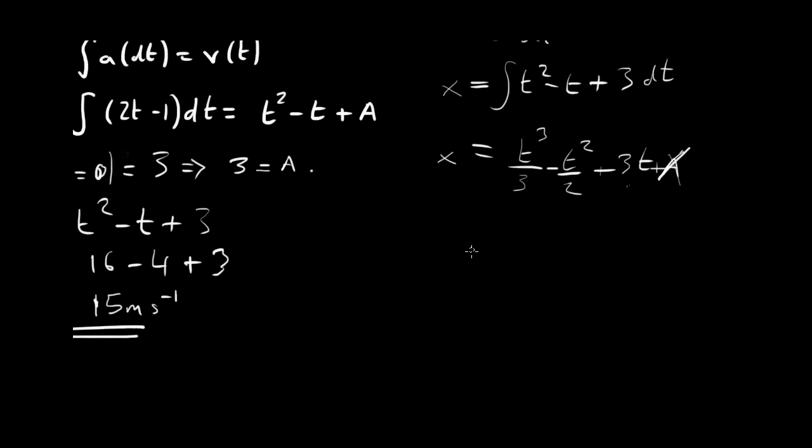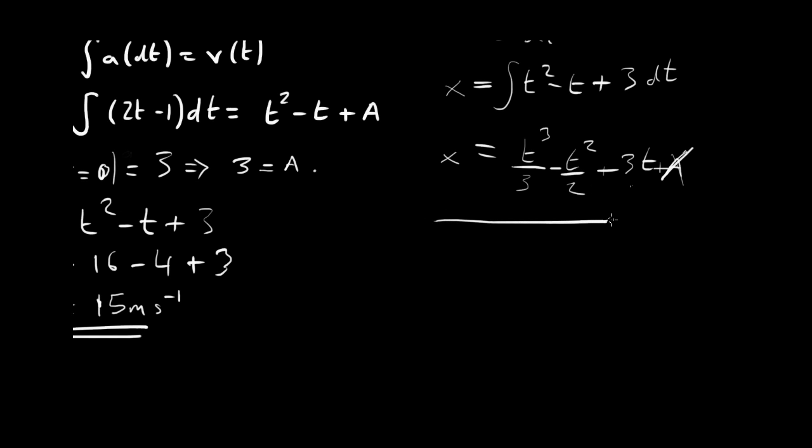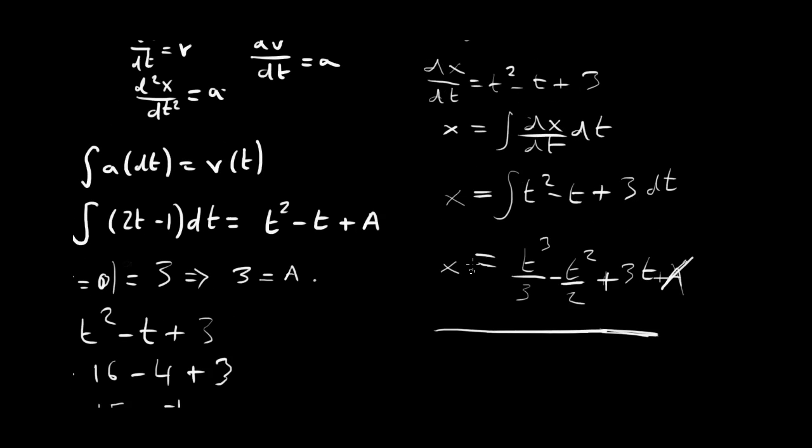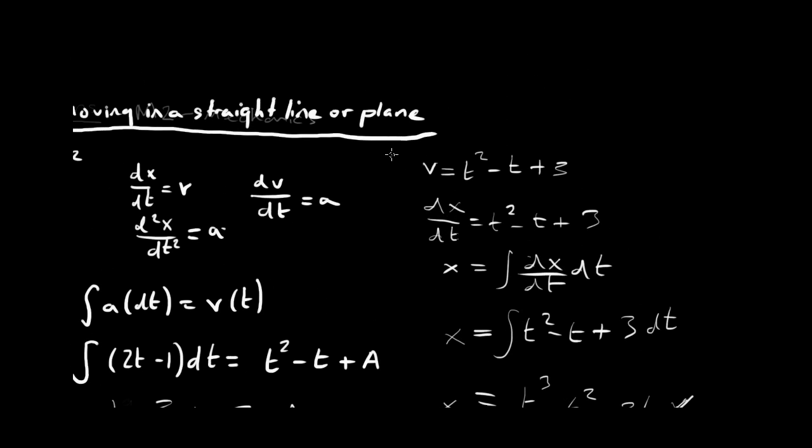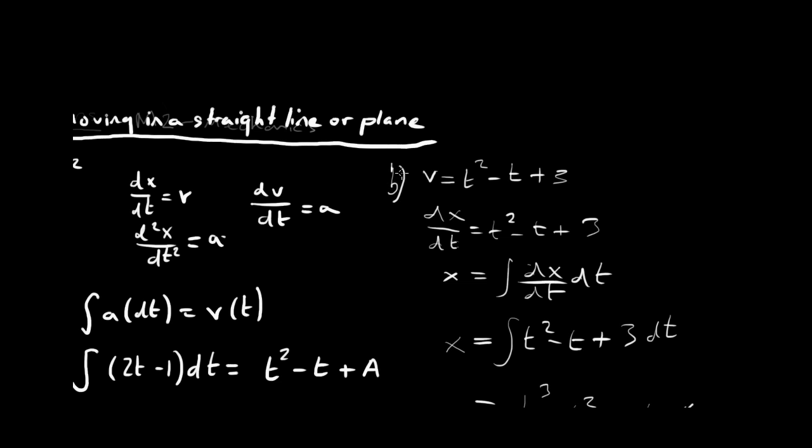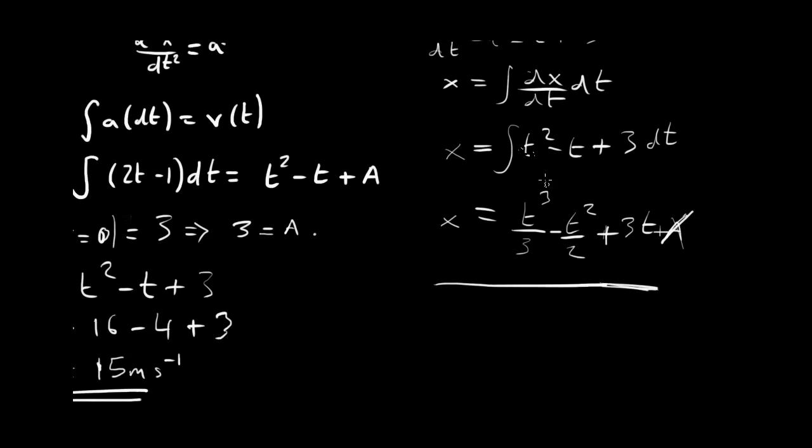Can just cross it out. So in part B, since we were asked for the distance away from O at time t seconds, this is our answer. That's how many meters away it will be after time t seconds. You get t cubed over 3 minus t squared over 2 plus 3t. So that's our expression for part B. I don't know if I labeled it here, but it's probably a good idea. B.